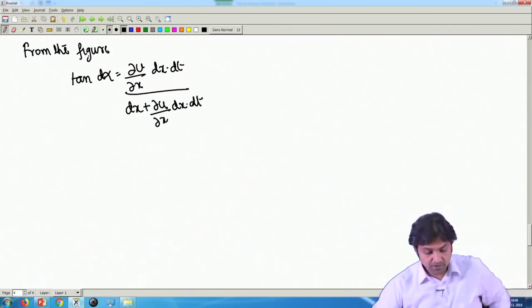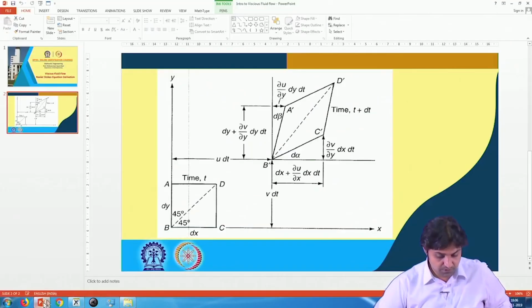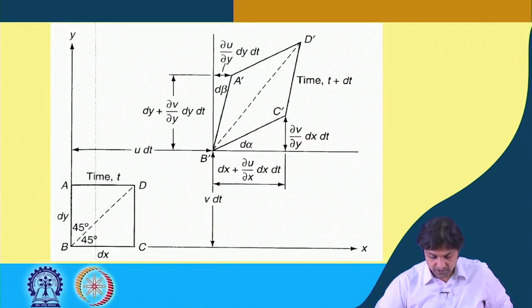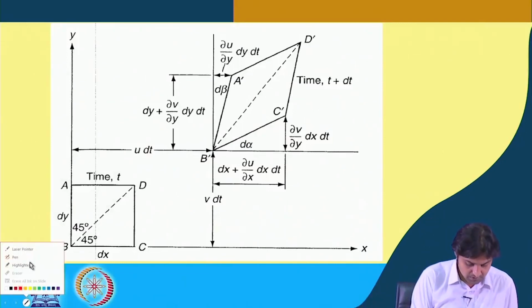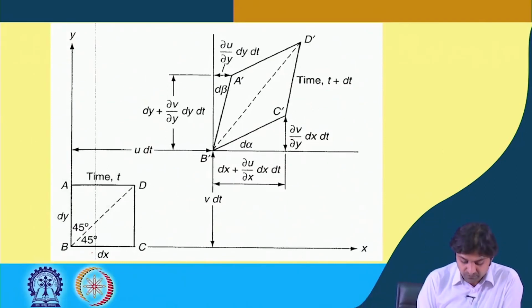Okay. So, let me go back to this figure and try to explain some of these components here. You see, so this was length dx, right. When it goes there, if we consider in time dt and with the velocity u, so this entire length will become dx plus, so change of velocity in x direction, if it is del u del x, correct.